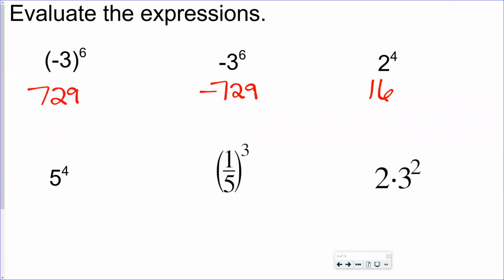Notice these first two are different answers because the first one has parentheses where the second one does not. So what the first one is doing is saying take -3 and multiply it by itself 6 times.